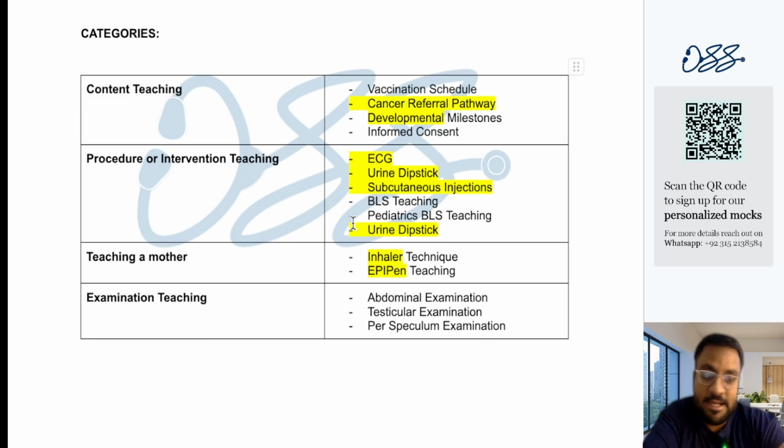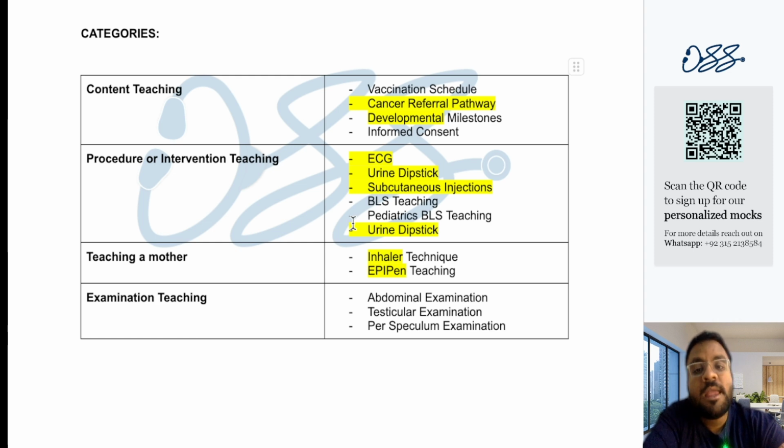And informed consent is again a lot of content that you need to teach. Okay, so there is no intervention involved, and there is no hands-on involved. You'll maybe just have a play card or an infographic that you would have to use to teach the student. So it's just going to be talking and not standing up from the seat.